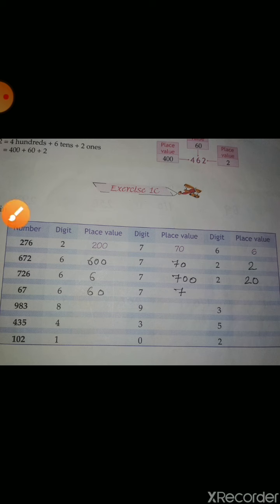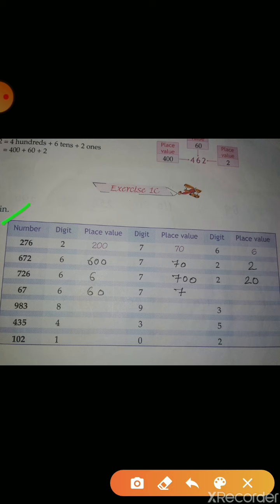First question is fill in the blanks. In part A, 276 is given. 2 is on hundreds place, 7 is on tens place, and 6 is on ones place. First digit is 2.